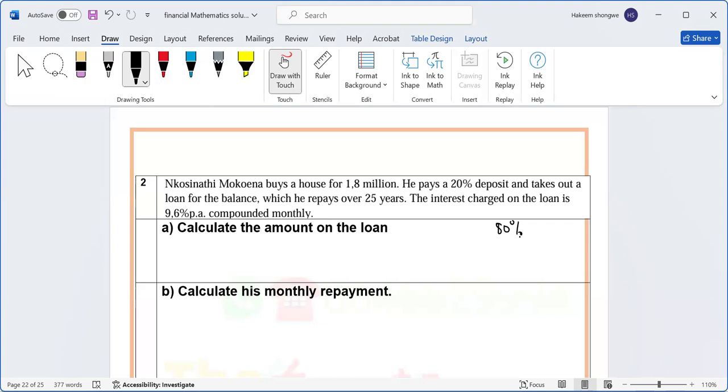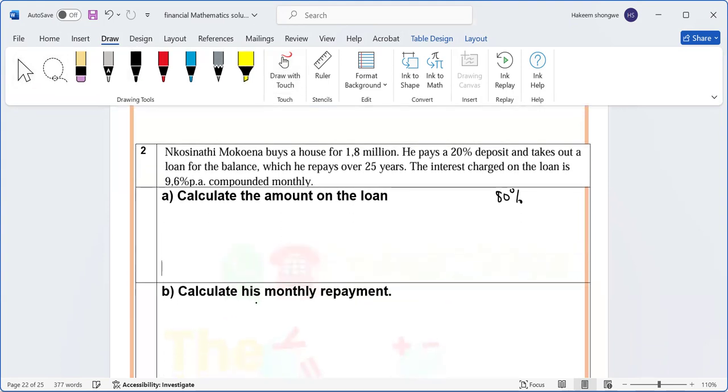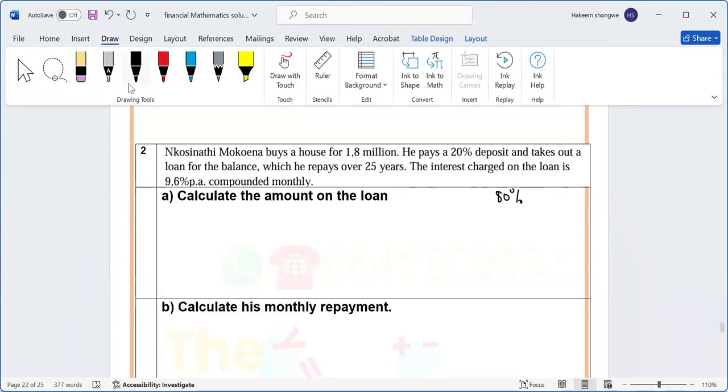So what is going to be the actual loan that Nkosinathi pays? We have two ways in which we can do this. Option number one is the one that I like from accounting. We have 80 all over 100 multiplied by 1.8.